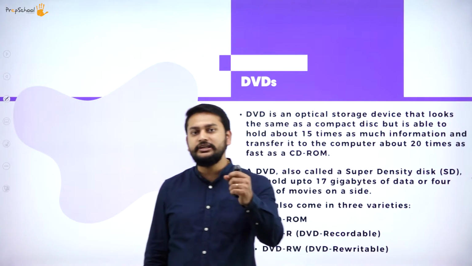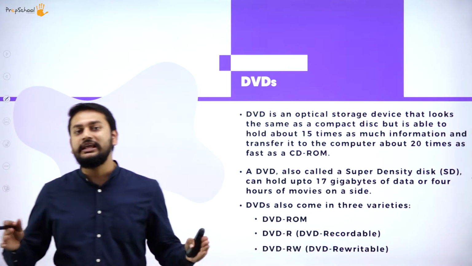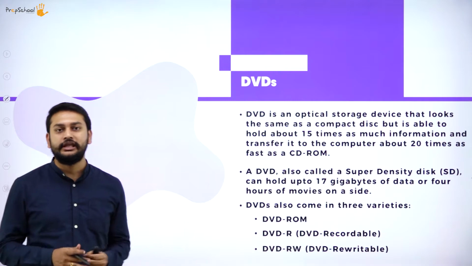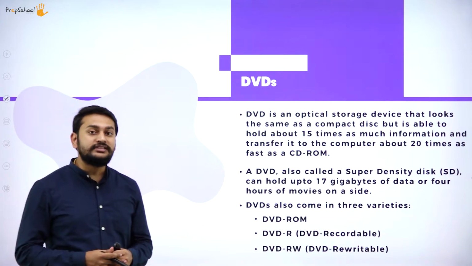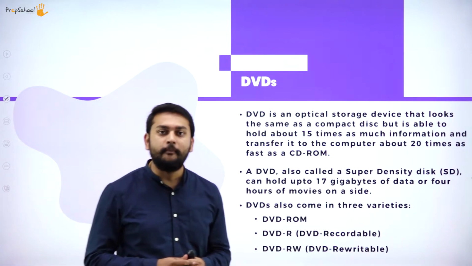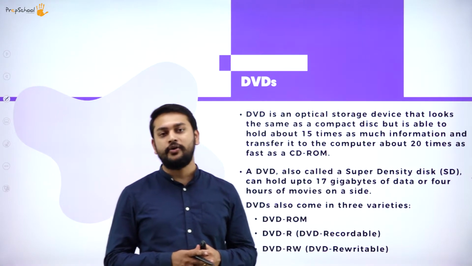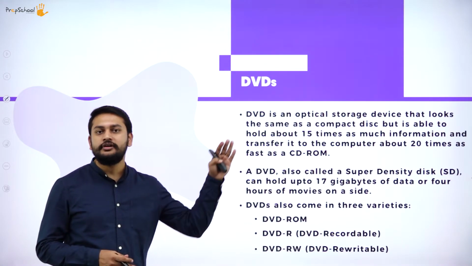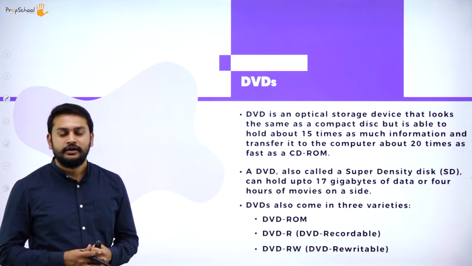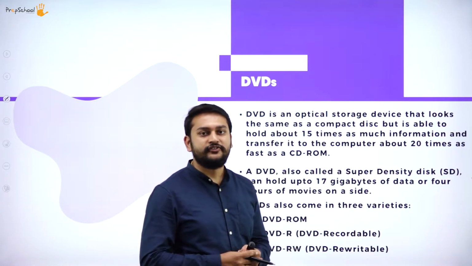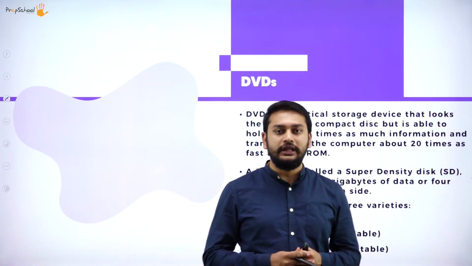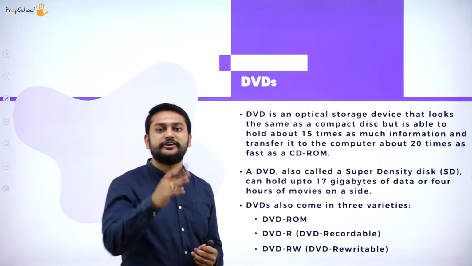The capacity of storage increases when we compare it to the CD. That is the main advantage that we have with the DVD. Digital versatile disk is the full form of DVD, and even DVD comes with three different types.